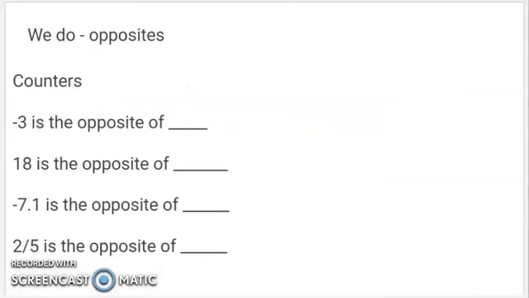All right, and the last thing you might see is these colored counters. Usually they flip, so yellow's on one side and red's on one side. So usually -3 you would see written with 3 red dots, and +3 you would see written with 3 yellow dots, if you use those counters. 18, same thing.